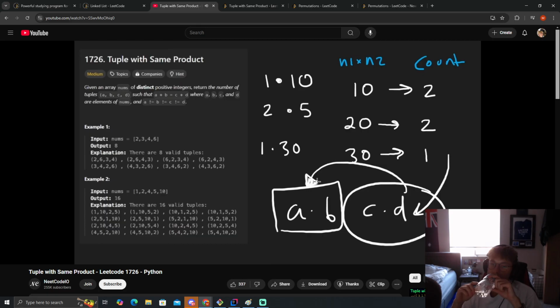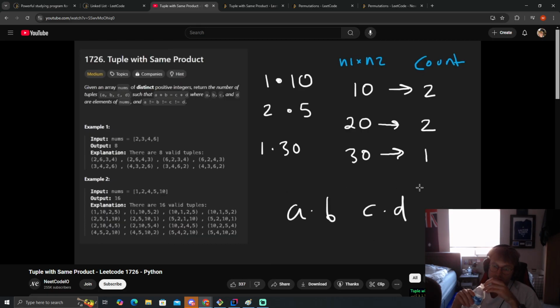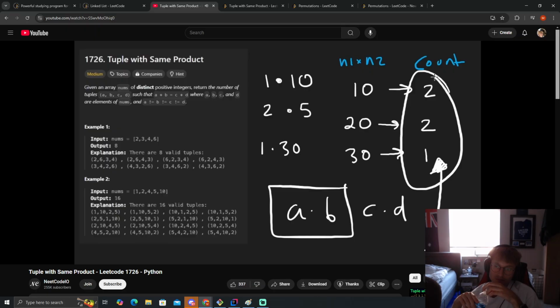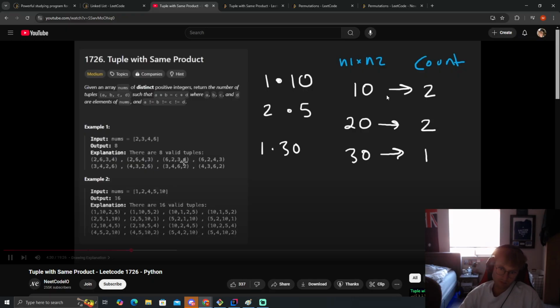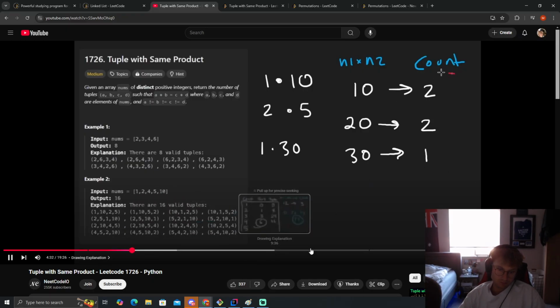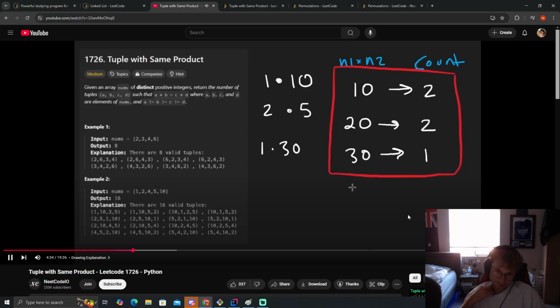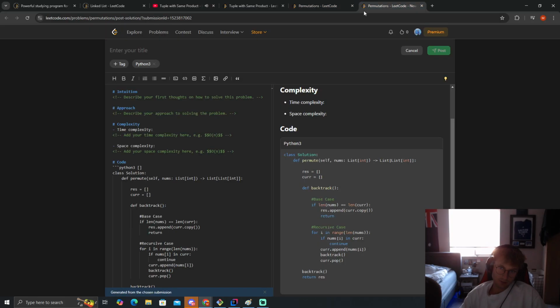Or why not just do some pre-computation, and instead of looking at numbers 4 at a time, why not just look at numbers 2 at a time and then just get the counts of those, and then somehow maybe we can use these counts to determine the total number of tuples. So maybe it's possible. Let's try exploring this. If I had a mapping like this, I think it's obvious that probably we'd want to use a hash map for this, and I think I understand what to do.